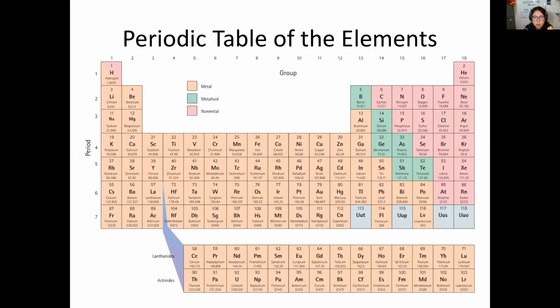So nitrogen has 14.007, so most of them are 14. So 14 is the number of nucleons, how many particles in a nucleus, because they're the heavy ones. So 14.007 rounded to 14, minus the atomic number 7, which is the number of protons, gives the number of neutrons. So 14 minus 7 is 7.